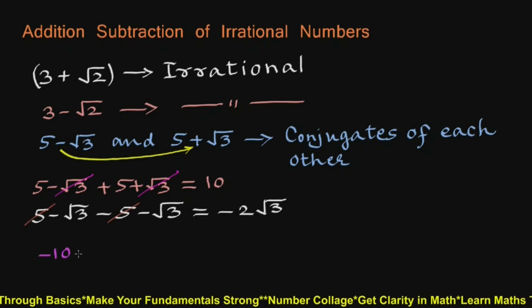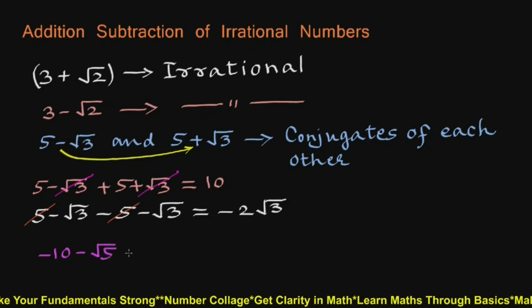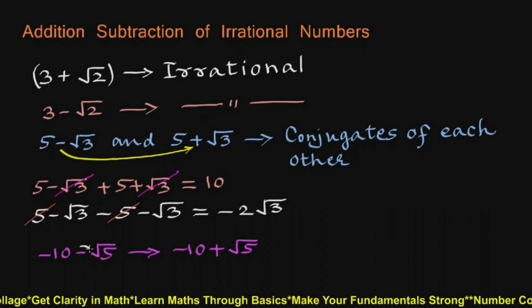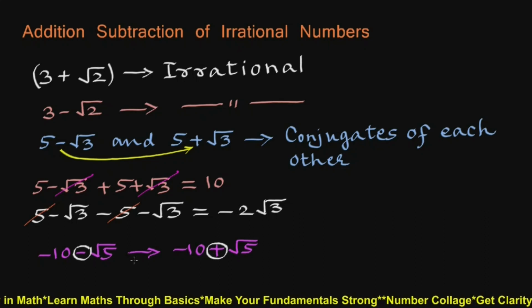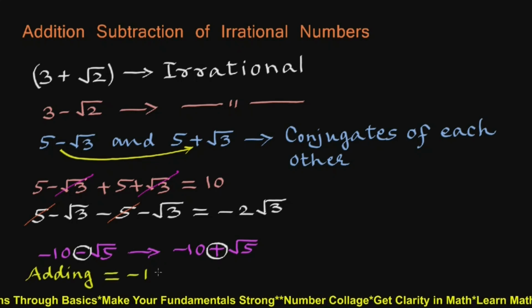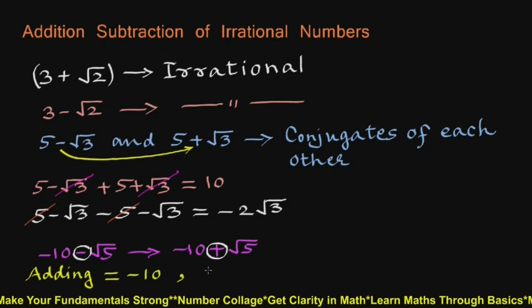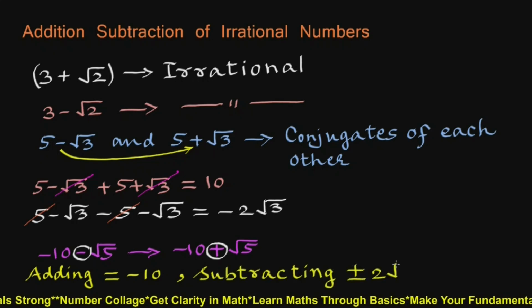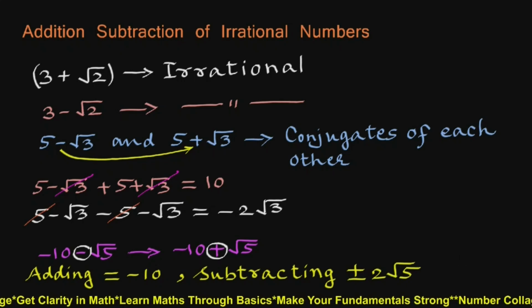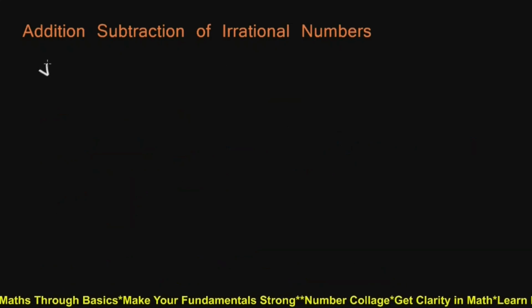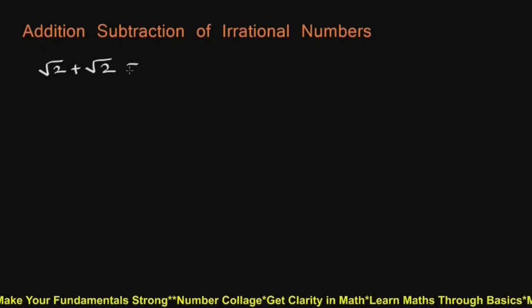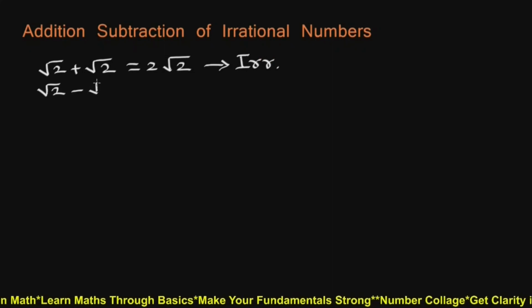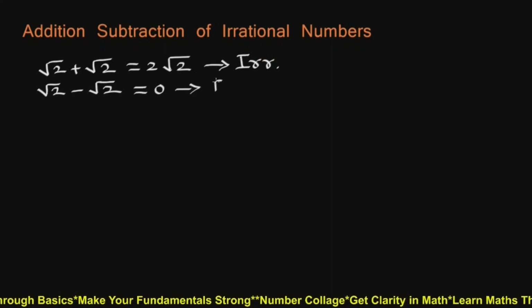Conjugate of minus 10 minus root 5 is minus 10 plus root 5 after changing the sign of the irrational part only. Adding them will give us minus 20, a rational number, while subtracting will give us plus minus 2 root 5, irrationals. We can add root 2 and root 2 to get 2 root 2, an irrational number, but root 2 minus root 2 is 0, a rational number.